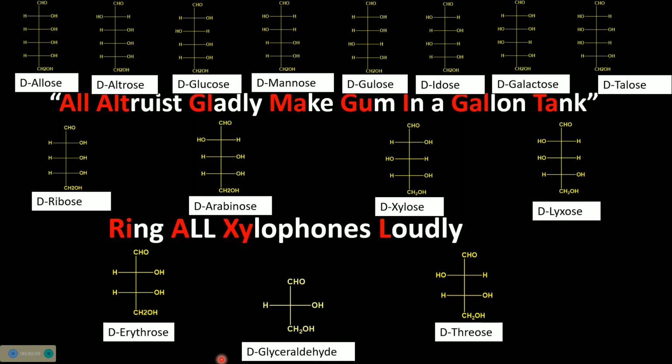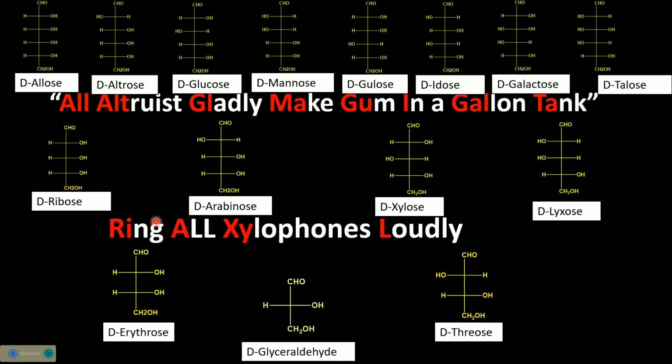So if in this way you draw the first 15 structures, then you all know that from D-glyceraldehyde we will get D-erythrose, D-threose. Then, without naming first, you just draw the structures the way I told you and showed you. Draw the structures and then repeat these two sentences again.